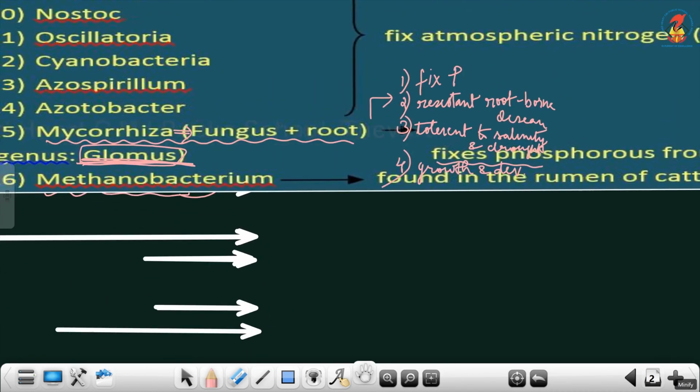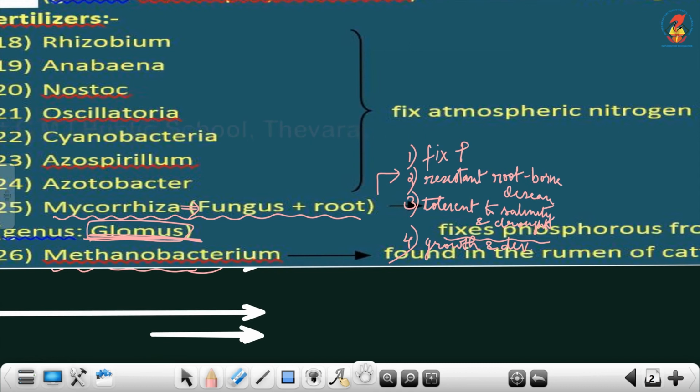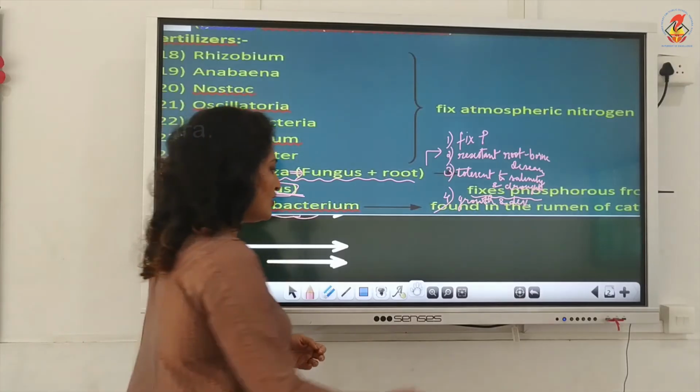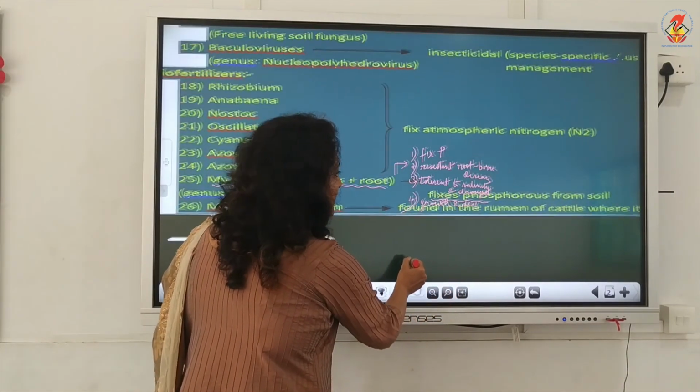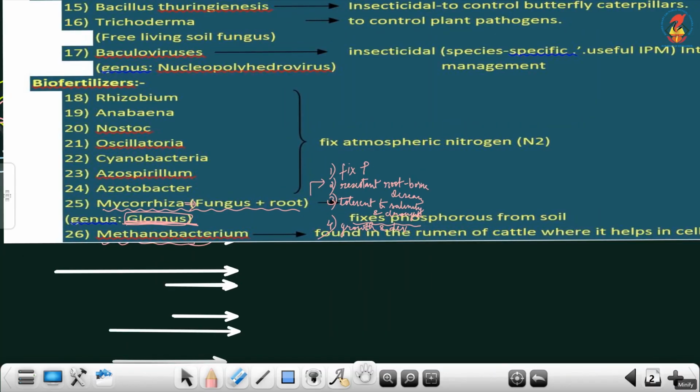You are very familiar. What is Methanobacterium? It is a bacterium present in the rumen of cattle. Also it is found in marshy areas. The advantage of this Methanobacterium is that it produces methane. So Methanobacterium, where are they found? They are found in the rumen of cattle and also in marshy areas. You will have learned somewhere in chemistry, marshy areas.